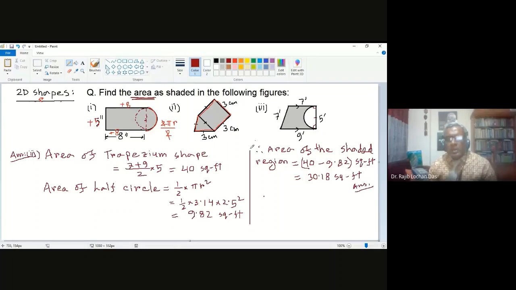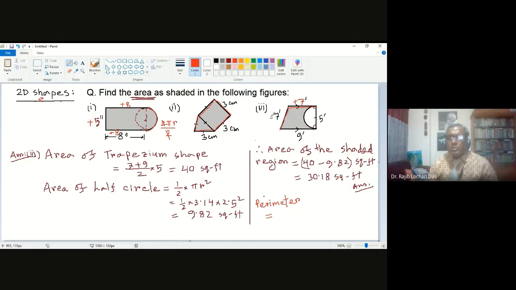And again, in the same way, what will be the perimeter of this shaded part? That means the boundary line of the shaded part. So you start from here and then you go like this. So it is 7, right? 7, and then plus another 7.